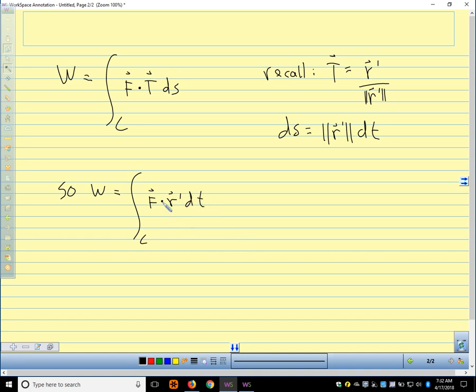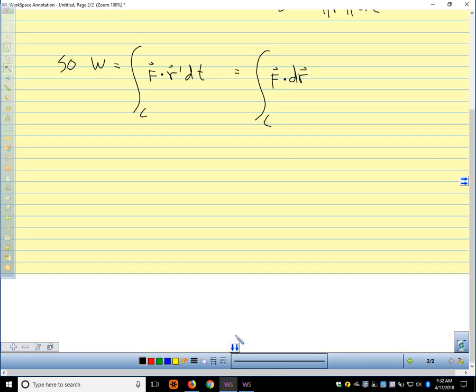And usually we write the integral over our curve of F dot dr. So this is going to be our definition of a vector or line integral on a vector field.